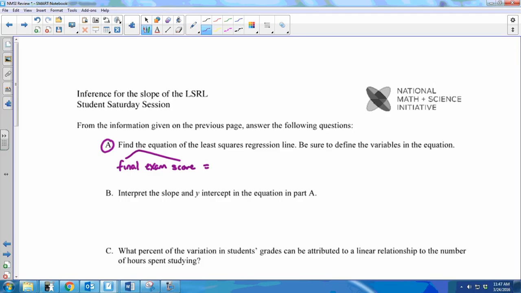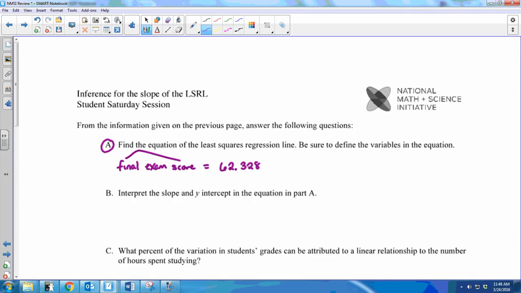So continuing on the equation, what do we have next? Just writing the equation. So what comes next? 62.328. 62.328 is the y-intercept. On the table, it says constant coefficient.